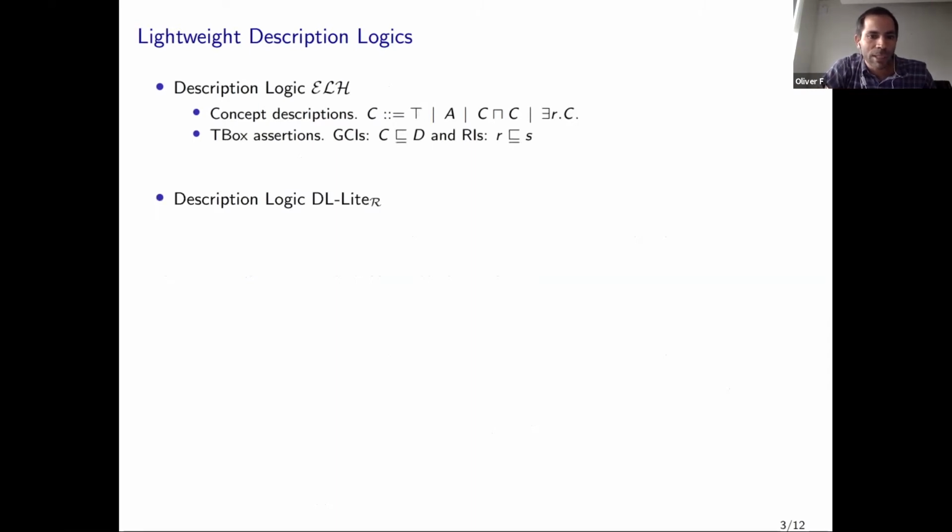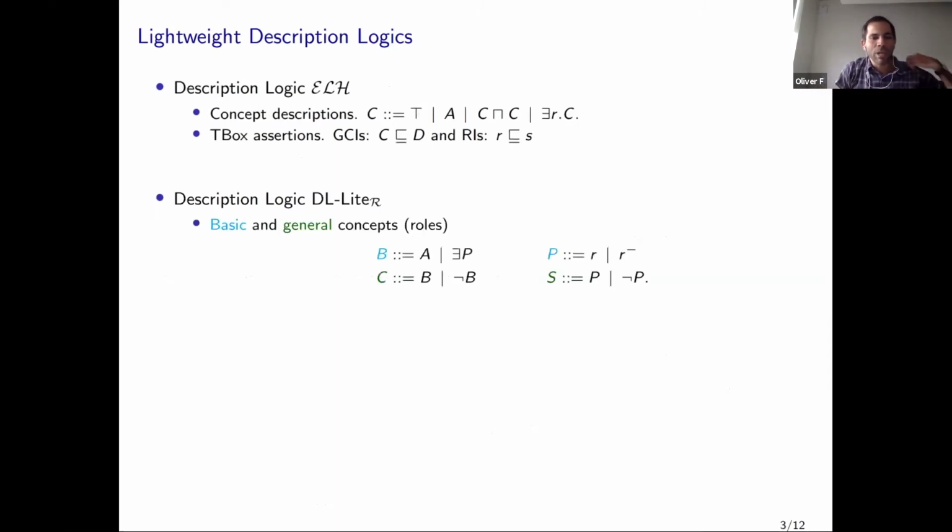We will also look at DL-Lite R, and here we have two kinds of concepts, basic and general concepts, depicted with these syntactic rules. And TBox assertions are GCIs of this form. So the left-hand side has to be a basic concept and the right-hand side a general concept, and similarly for role assertions.